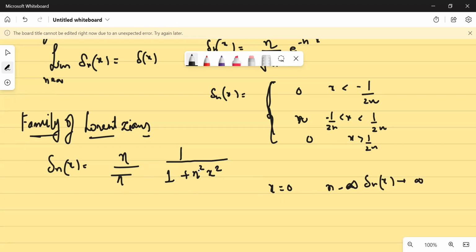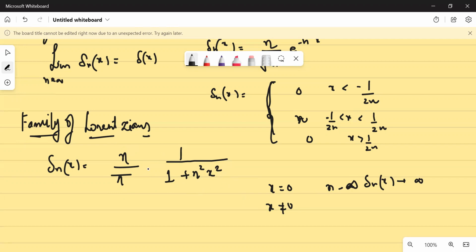So at x equal to 0, this is 0, 1 plus 0 is 1, and as n tends to infinity, this will become infinite. Also, if x is not equal to 0, then obviously this is n squared. So the term which is in the denominator is more dominant over the term which is in the numerator.